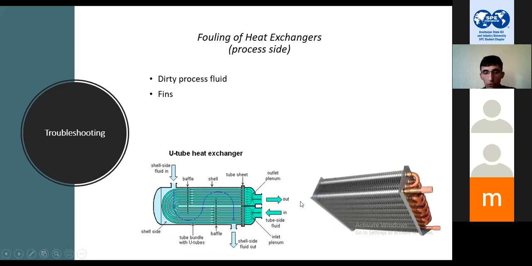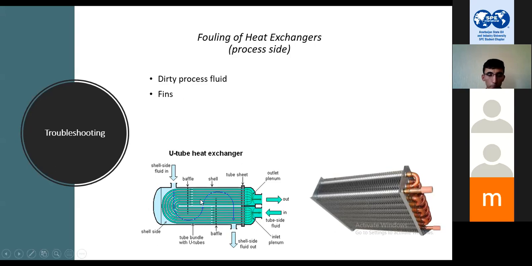In the photo on the right, you can see some metal pieces on these tubes. They are put there to increase total surface area in order to increase heat transfer rate, but they also have a downside: they can cause fouling of heat exchangers.